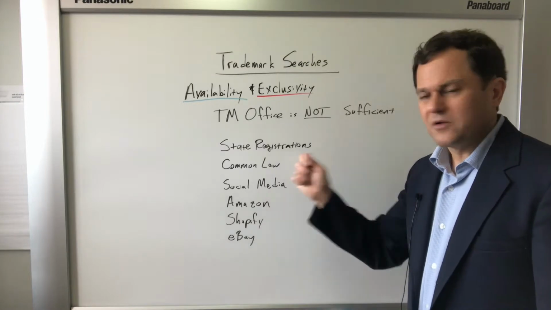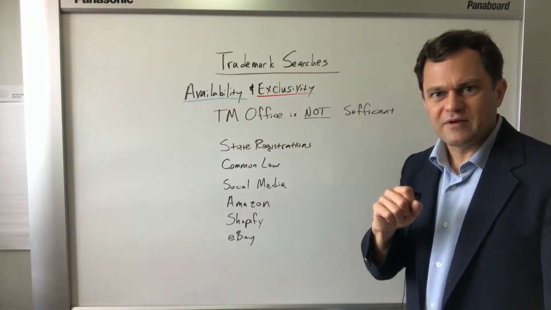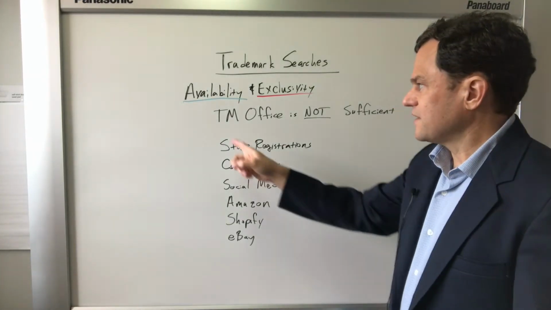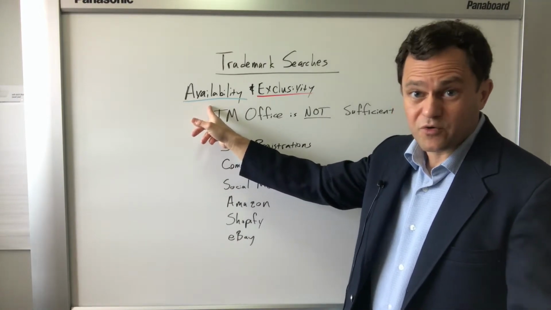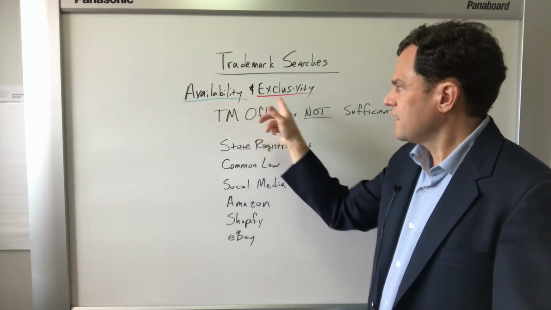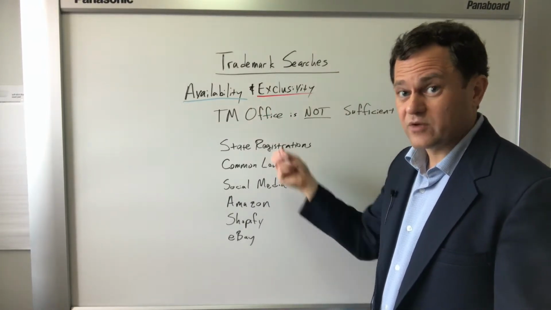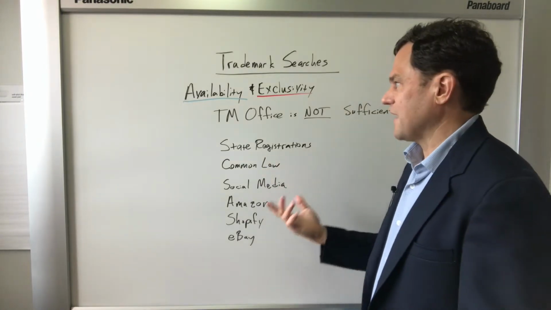Now, notice here I'm kind of separating availability and exclusivity, and you might be asking why. And the reason is because something can be available for use as a trademark, a trade name, I should say, but it's not exclusive. You can't get exclusivity, you can't get registration for it. An example for this might be a hot dog stand, right?